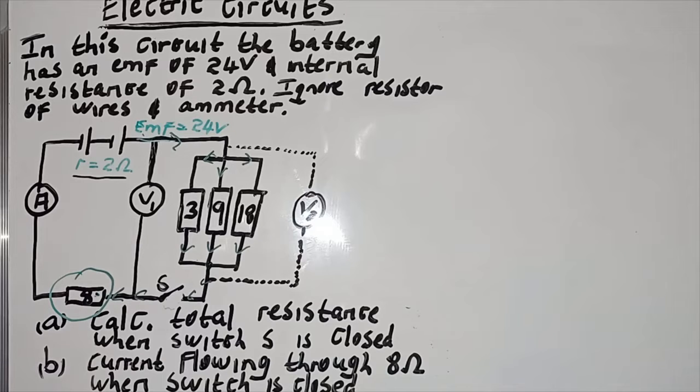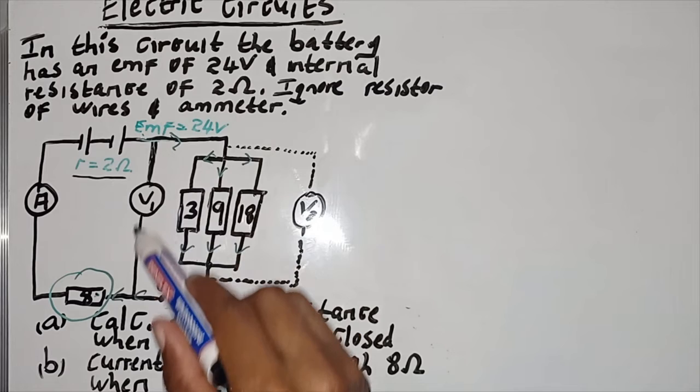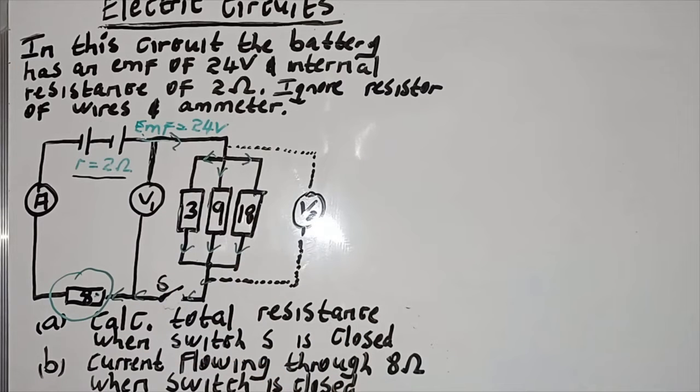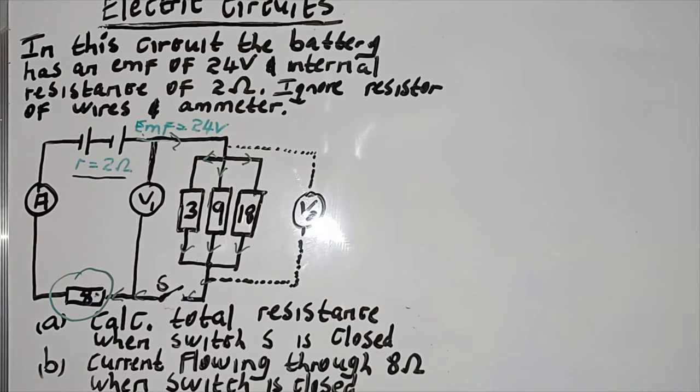So when the switch is open like this, voltmeter 1, because it is connected across our 8 ohm resistor that is in series, is going to measure the total EMF or the total voltage of our circuit.